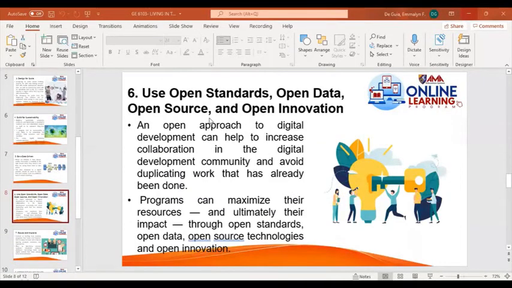Next principle is use open standards, open data, open source, and open innovation. In this type of principle, we need to collaborate. We need to maximize the resources that we have, and through also open innovation.